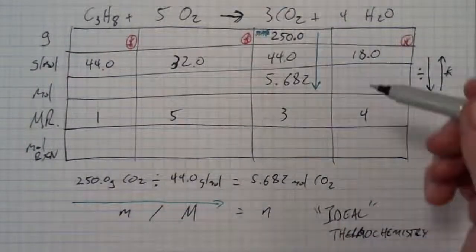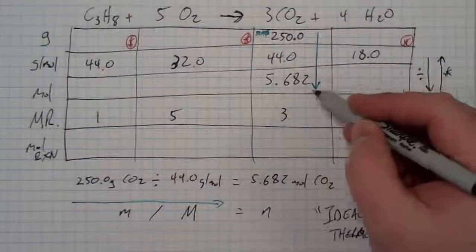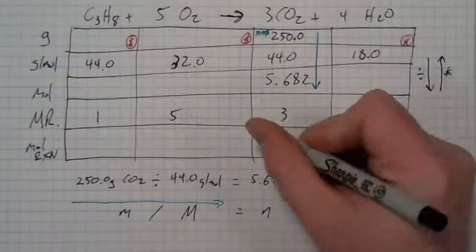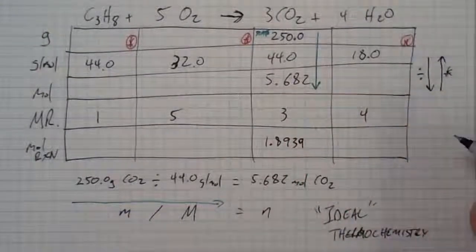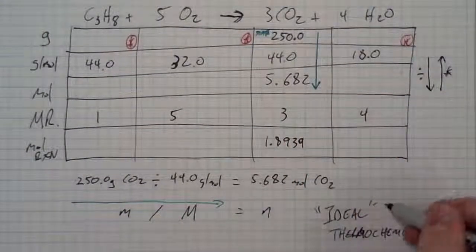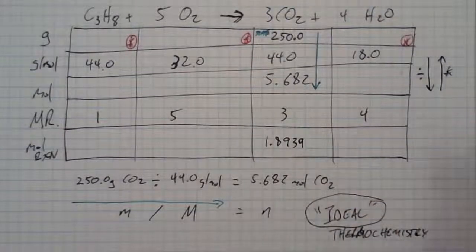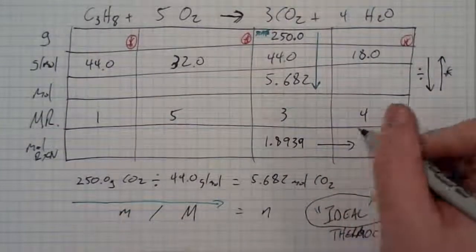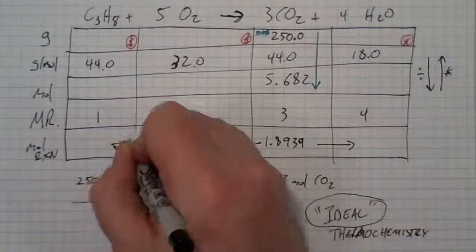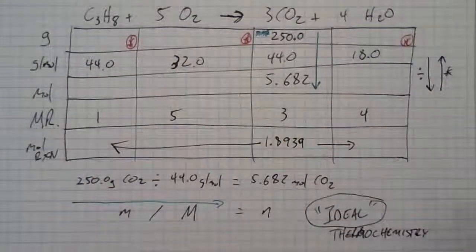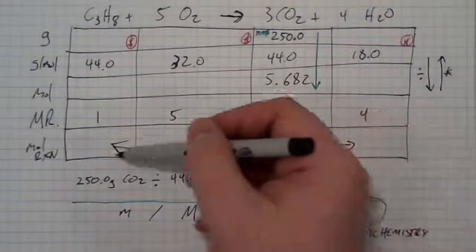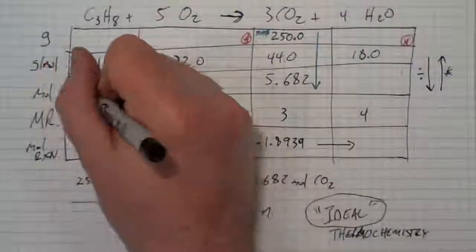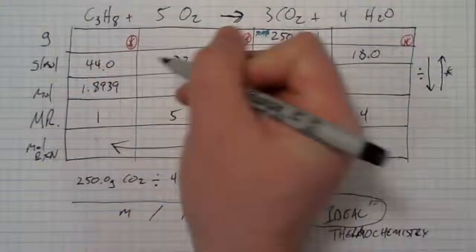So let's just keep going. 5.682 divided by 3 gives me 1.8939 moles of reaction. And since this is an ideal stoichiometric reaction, that is the same across the board. So if we wanted to find the grams of propane, we'll find the moles of propane first. That'll just be 1.8939.